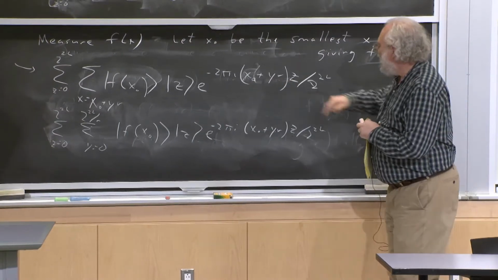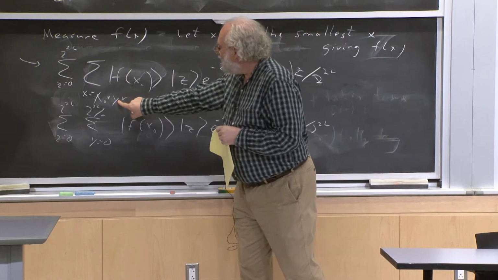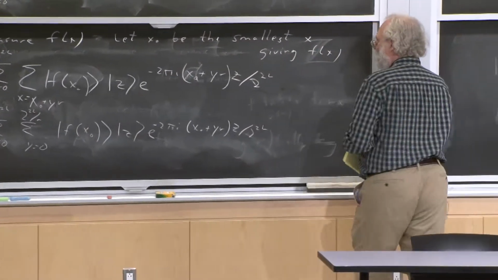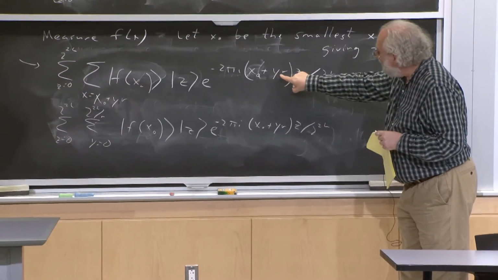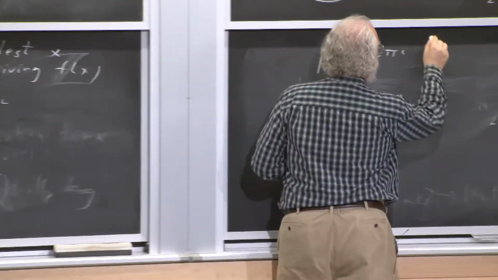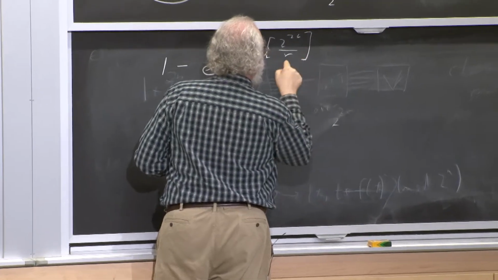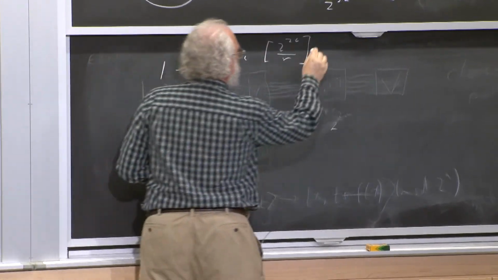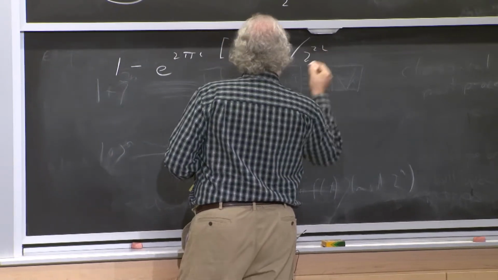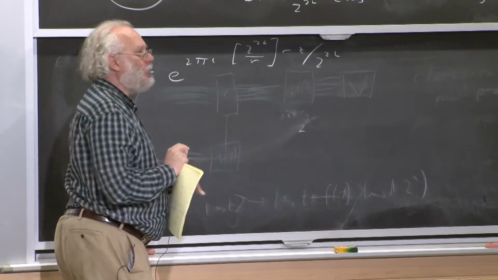No, y goes from 1 to 2 to the 2L over r. So the last term you substitute in, something like 2 to the 2L over r. And we'll have to take the floor of that times r times z over 2 to the 2L, which really, because of this floor, could be anywhere on the unit circle.